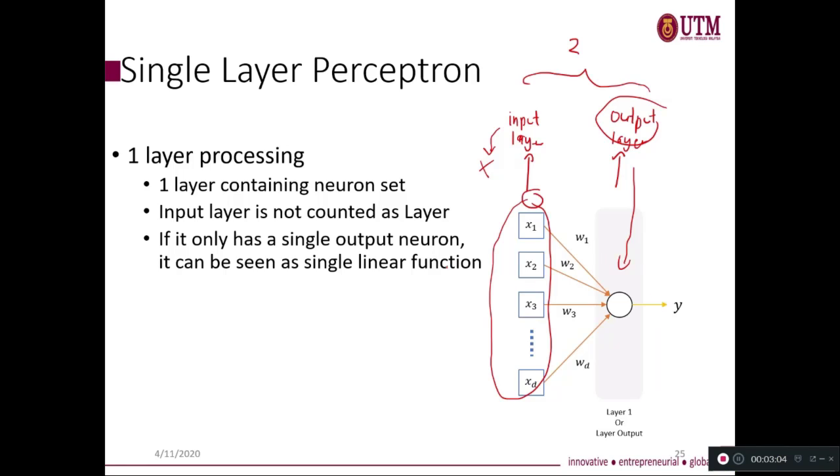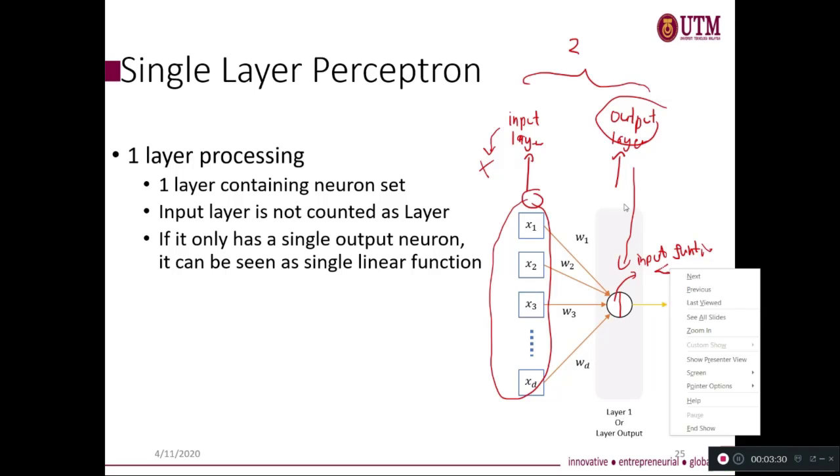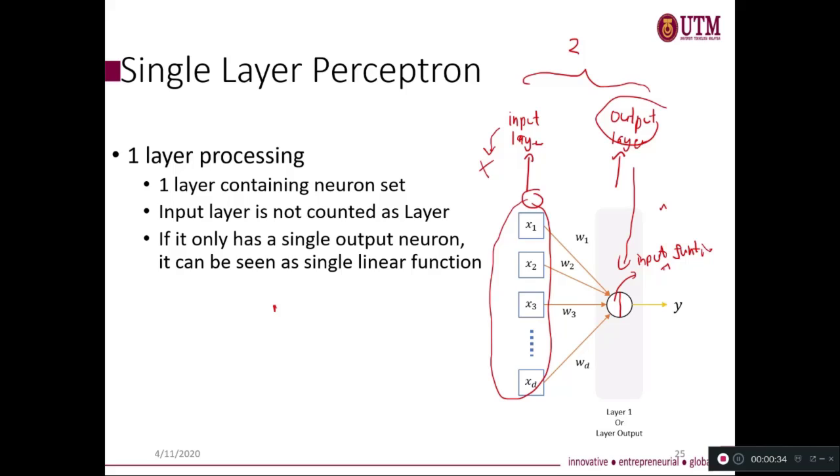So here again, just remember, if there is a neuron inside a layer, it can be represented by two functions. Inside this neuron you have two functions. One is the input function, which I represent by this symbol, the summation.